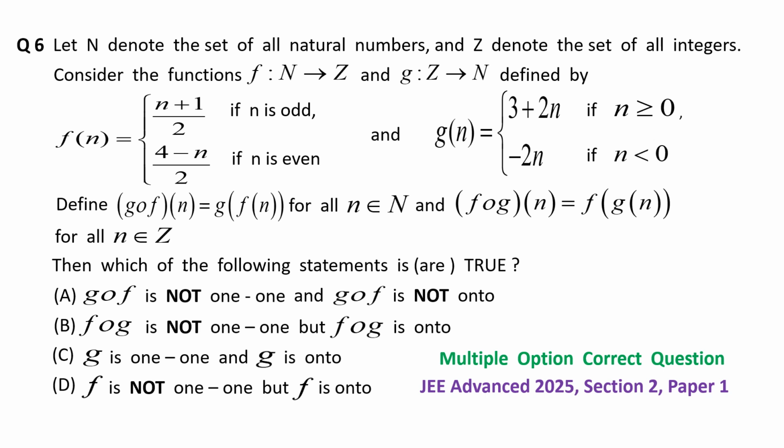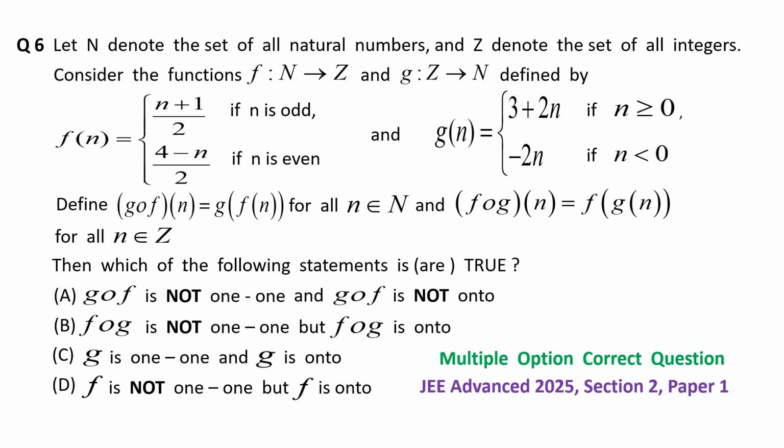Consider the functions f from N to Z and g from Z to N defined by f of n equal to n plus 1 whole divided by 2 if n is odd and 4 minus n whole divided by 2 if n is even, and g of n equal to 3 plus 2n if n is greater than or equal to 0 and minus 2n if n is less than 0.